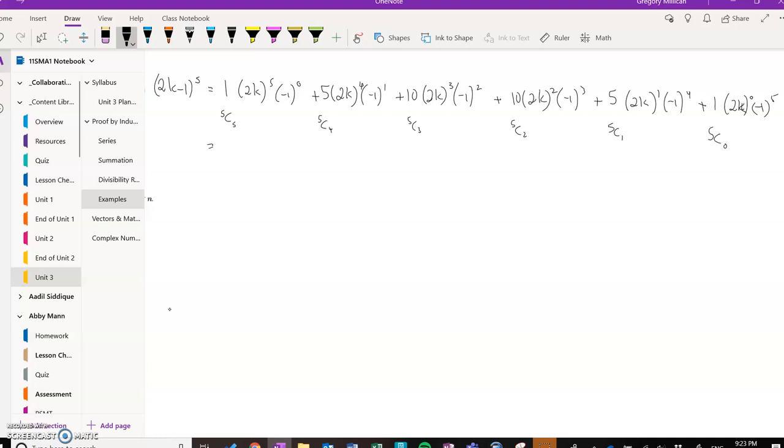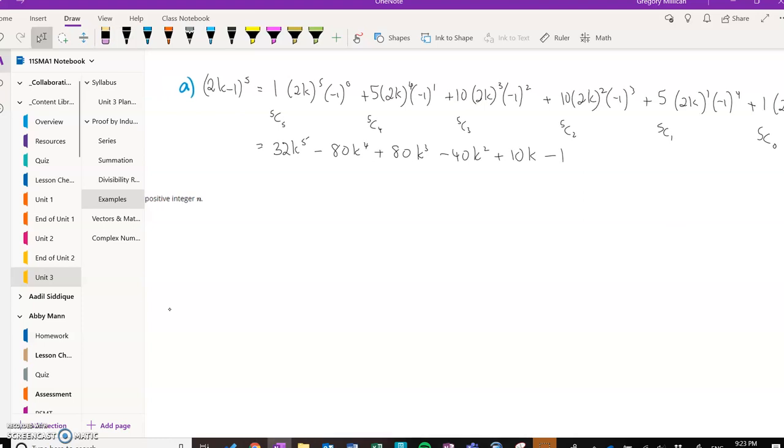To save some time, I'm just going to assume that you can expand that yourself. Basically, we're going to get 32k to the power of 5 minus 80k to the power of 4 plus 80k cubed minus 40k squared plus 10k minus 1. Again, you can test that for yourself.